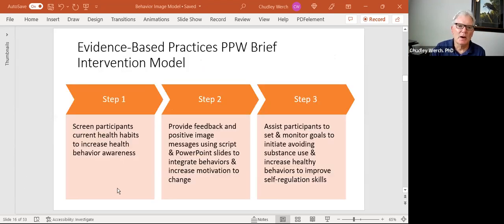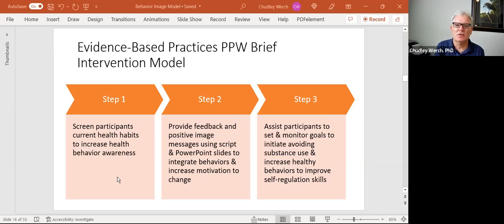The behavior image model, as an evidence-based practice, screening and brief intervention, has three steps. Number one, screen participants for their current health habits to increase their awareness of their health habits. Number two, provide feedback using positive image messages. That's what we described through the BIM, using your script and your PowerPoint slides, which are provided in all Prevention Plus Wellness programs.